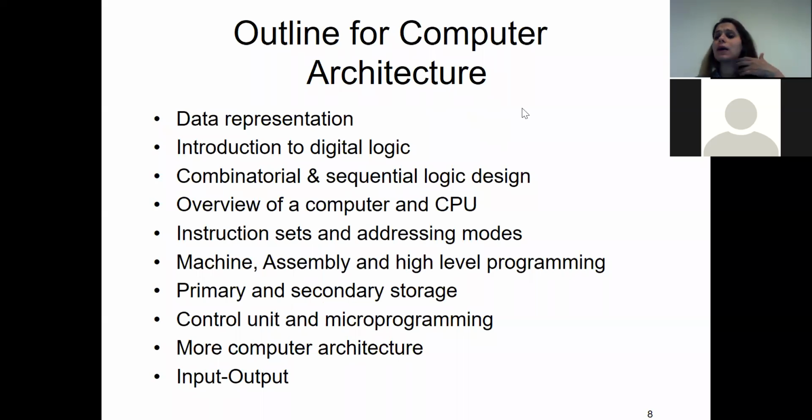So in terms of computer architecture in this module, you will study data representation. How do we represent the data? The logic gates.